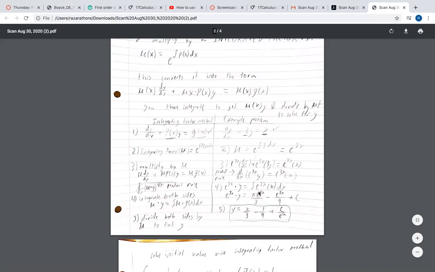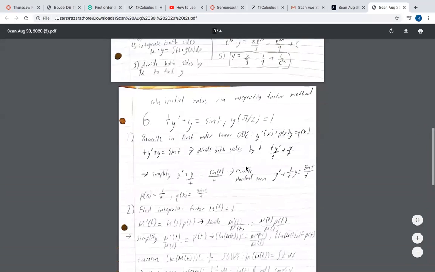Then the integral of that is going to be x times e to the power of 3x over 3 minus e to the power of 3x over 9 plus constant c. Divide by e to the power of 3x, and you're left with y equals x over 3 minus 1 over 9 plus c over e to the power of 3x.